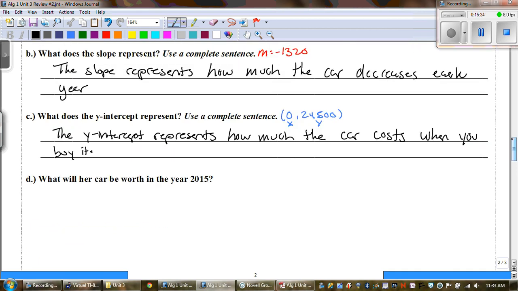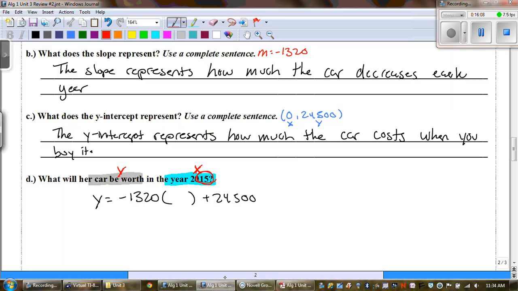Next question. What will the car be worth in 2015? Okay. So, worth in 2015. This was our X, so that's our Y. We're trying to figure out what the Y is. So we use that same equation. And remember, we only worry about that last part right there.